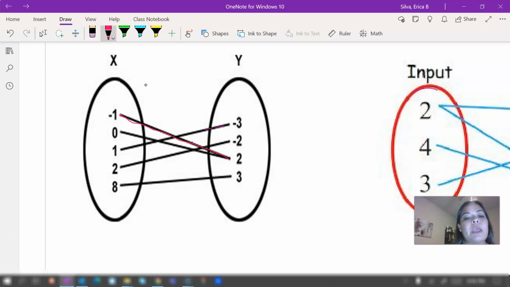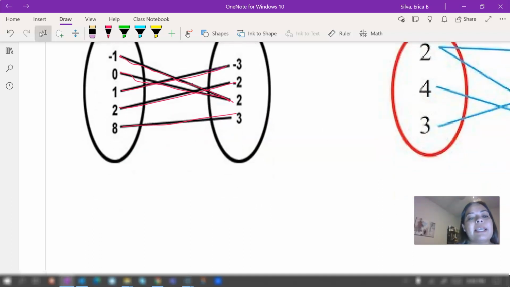The 0 maps to 2. 0 only has an output of 2, so we're still good. 1 maps to -3, 2 to -2, and 8 to 3. In this case, we have a function because each x value has exactly one y value for each input.